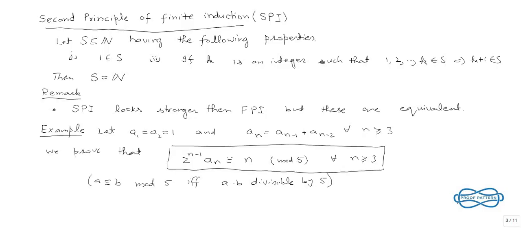In this formula, instead of n we will put 1, so instead of n minus 1 it will be 0. 2 to the power 0 is 1, so a1 is congruent to 1 mod 5, and since we know that a1 is equal to 1, this means P1 is true, or we can say that it is true for n equal to 1.